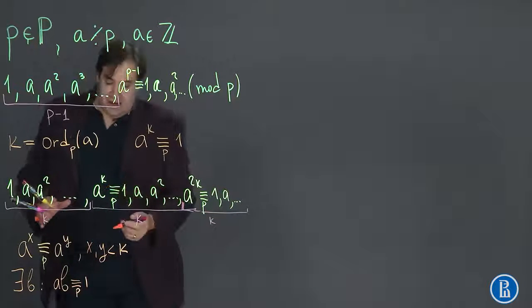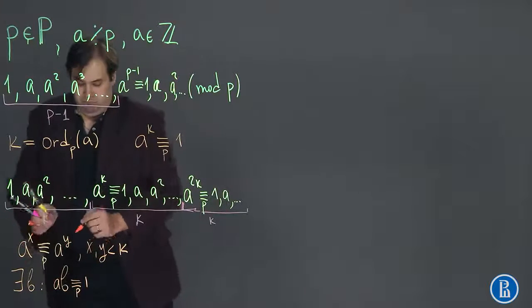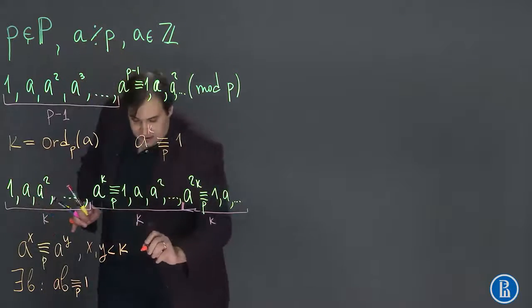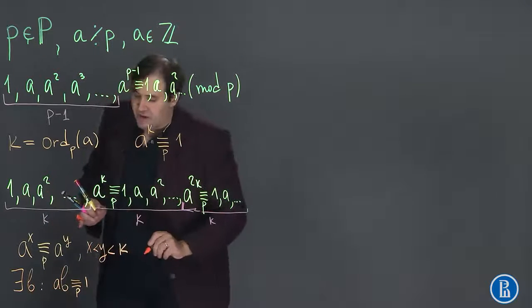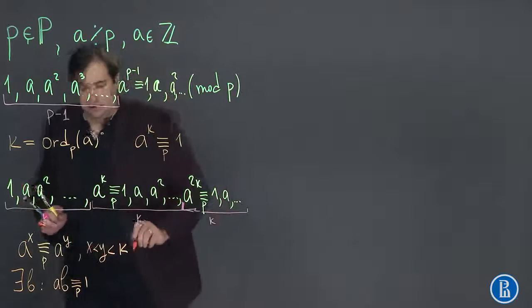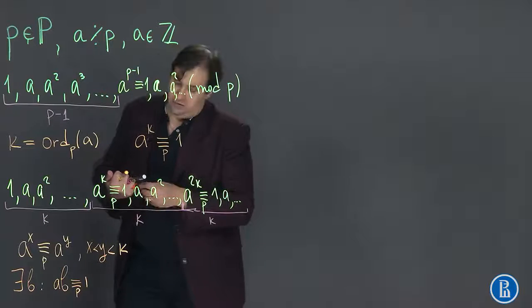And let's say that x is less than y, and then multiply all this by B to the power of x.